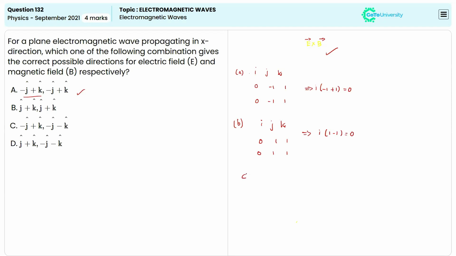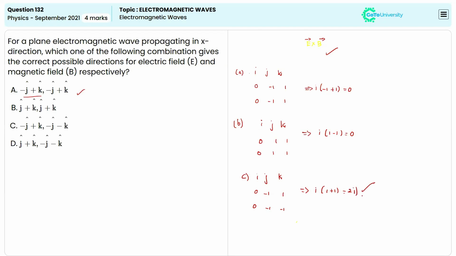Similarly we can do for C, i, j, k. Here again the given values are 0, minus 1, plus 1, and 0, minus 1, minus 1. When we do this, it will be equal to i times 1 plus 1, which will be 2i.